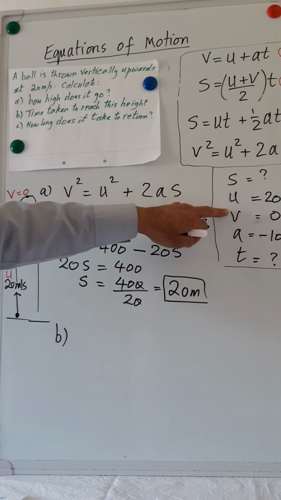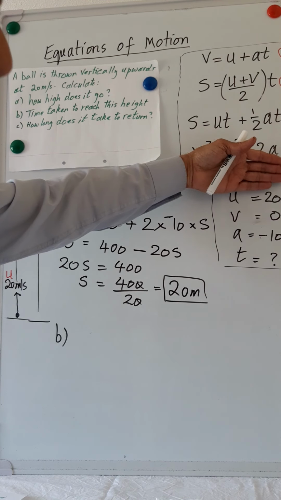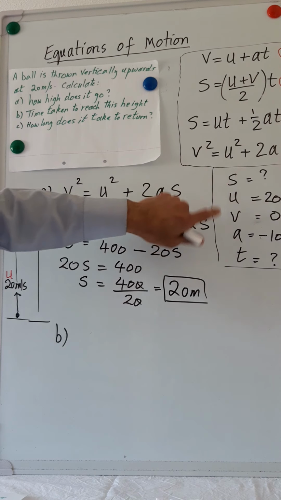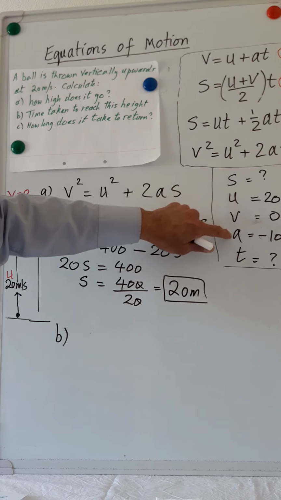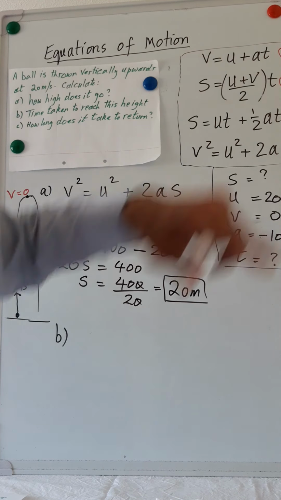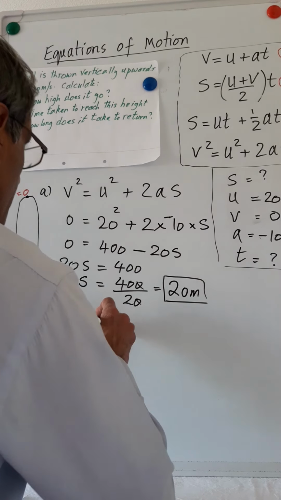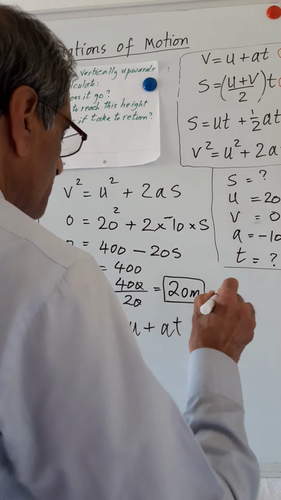We try to avoid using s, because we've calculated that. So we need something that connects u, v, a, and t. And that's the first equation: v equals u plus at. v equals u plus a times t.